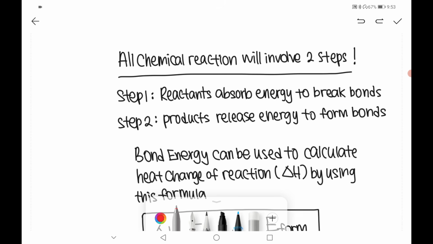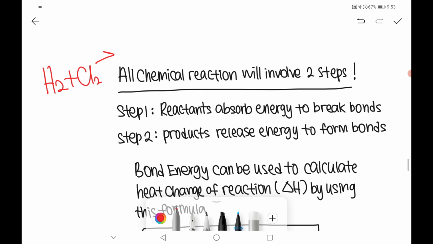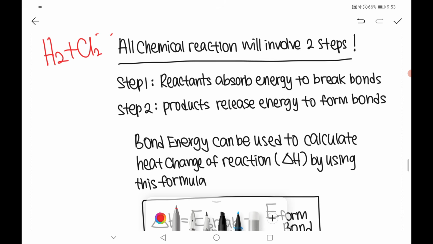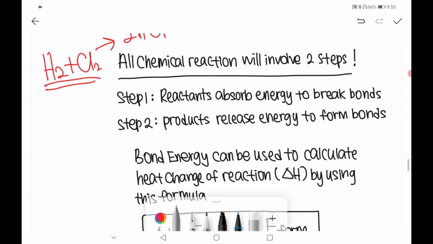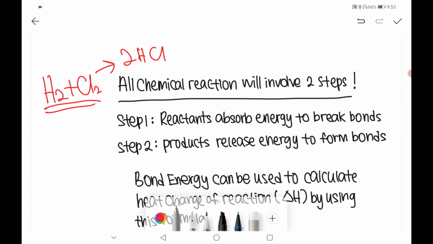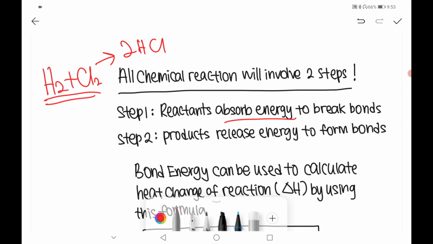Like this, this is the reactant, the raw material. Hydrogen plus chlorine, you want to form 2HCl, for example. So these two are the reactants. Reactant means raw material.